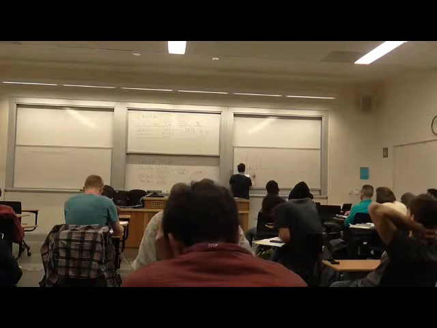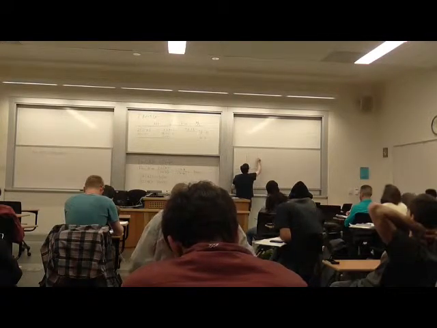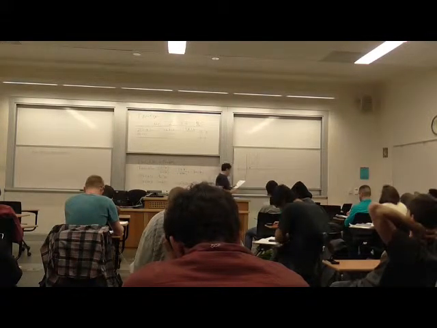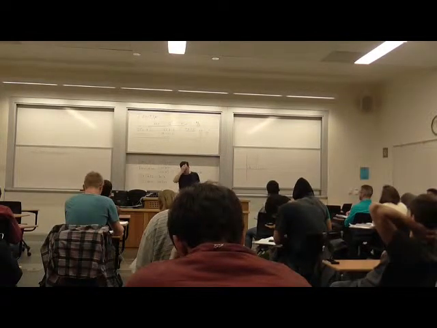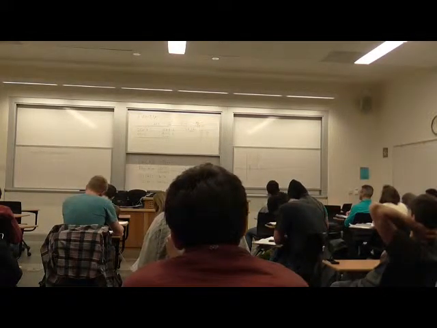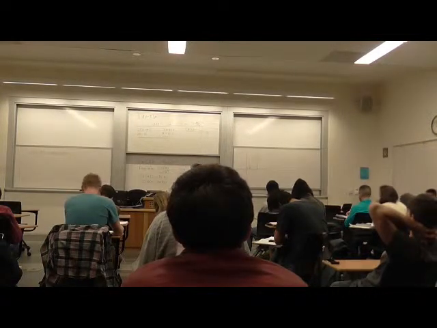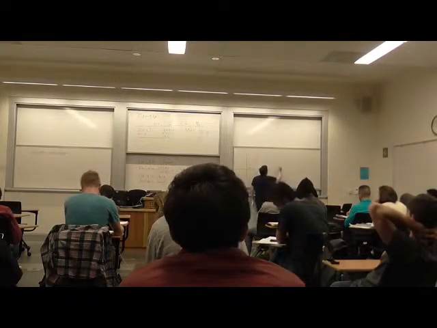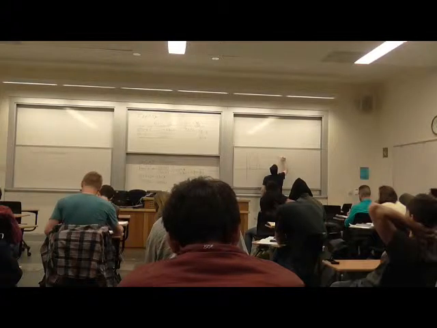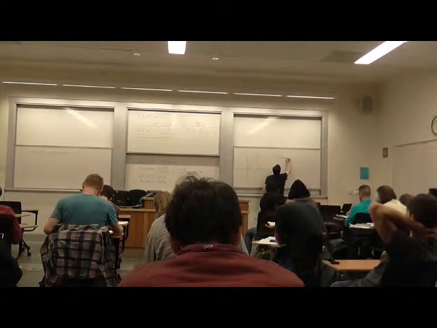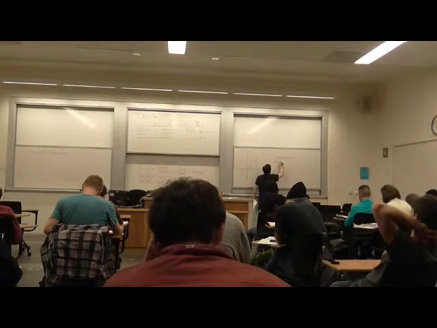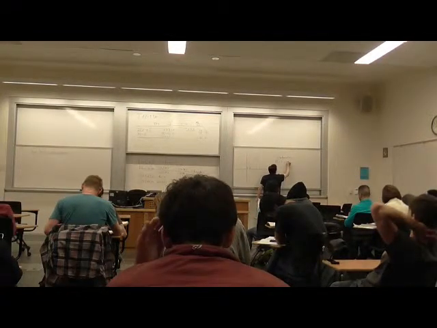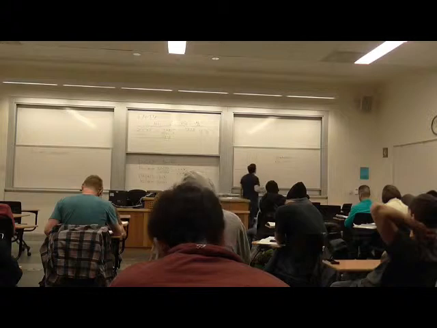I'll call this angle theta, and I'll call this angle alpha. What do we know about alpha and theta? Complementary, right? Which just means that theta plus alpha equals 90 degrees.